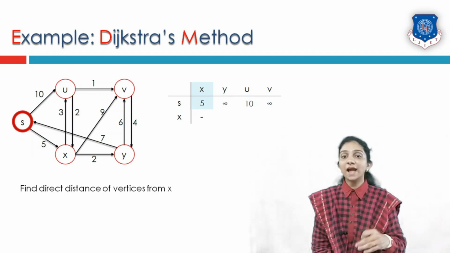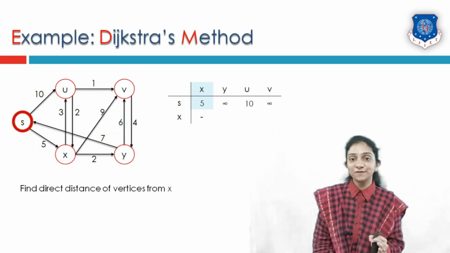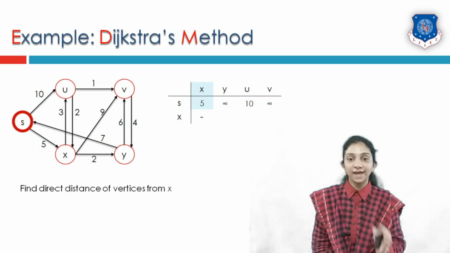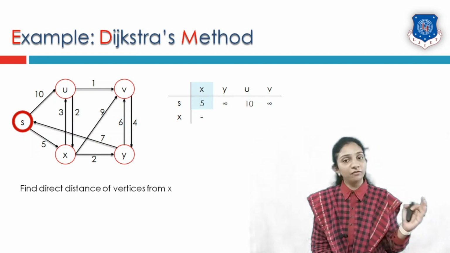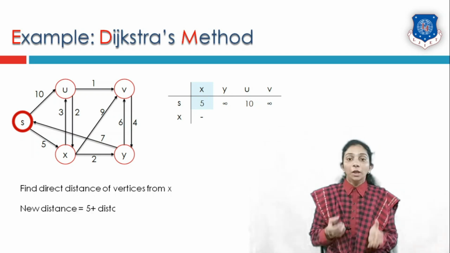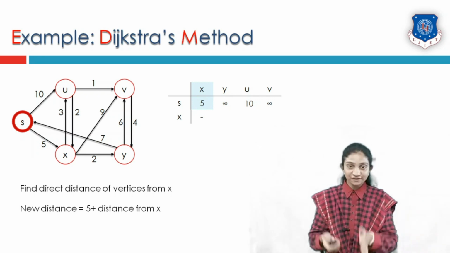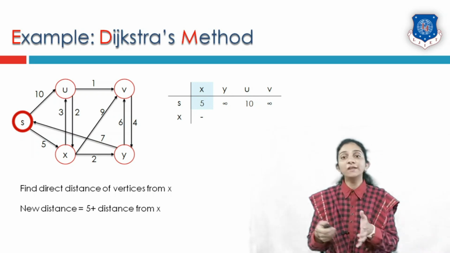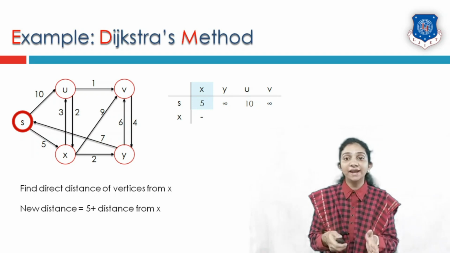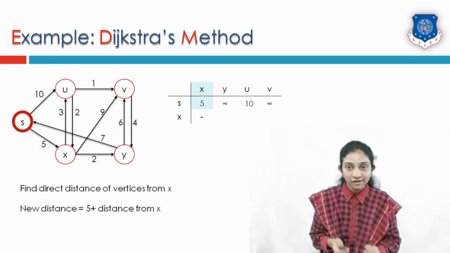Here we have to find out direct distances from vertex X to all other remaining vertices. The new distance is calculated as 5 plus the distance from vertex X, that is the direct distance from vertex X.